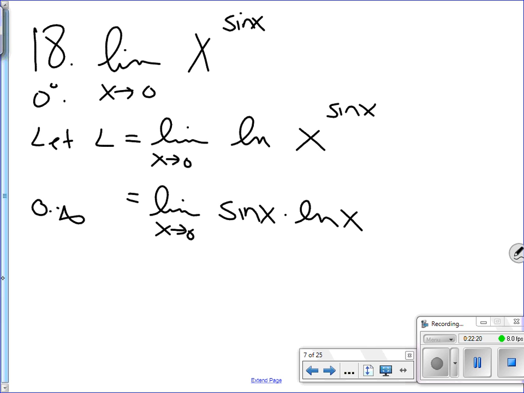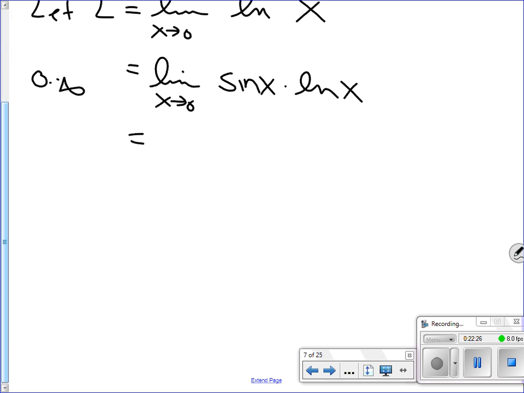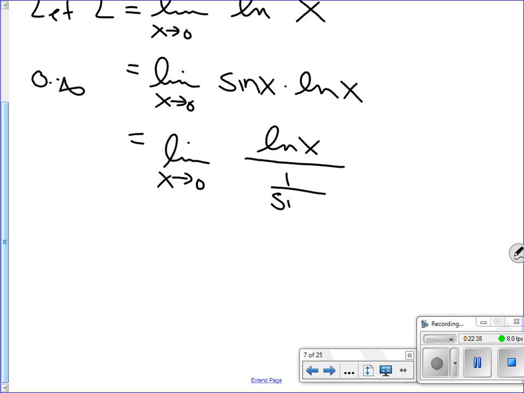So now, people that were successful, which would you keep on top? The ln? Yeah, I would keep the ln on top too. I think the other way just gets too ugly. So we want the limit as x approaches 0 of the ln of x over 1 over sine x, which is secant. No, you didn't have to.